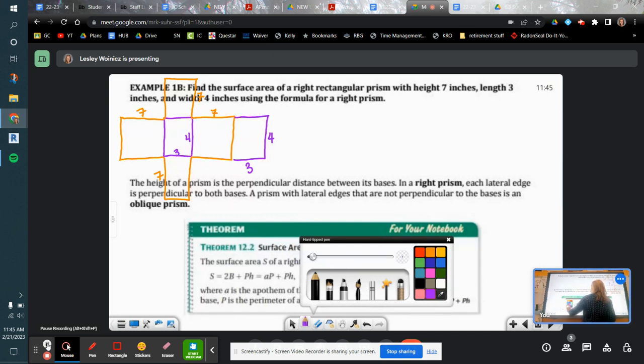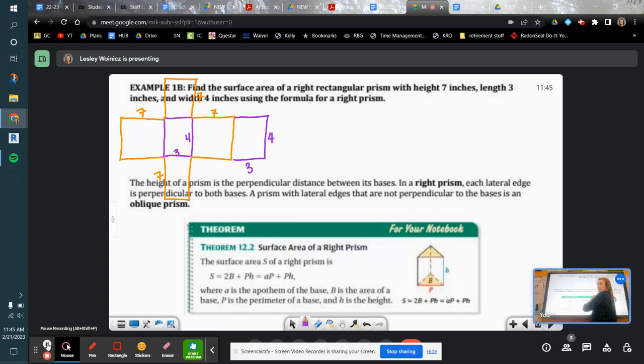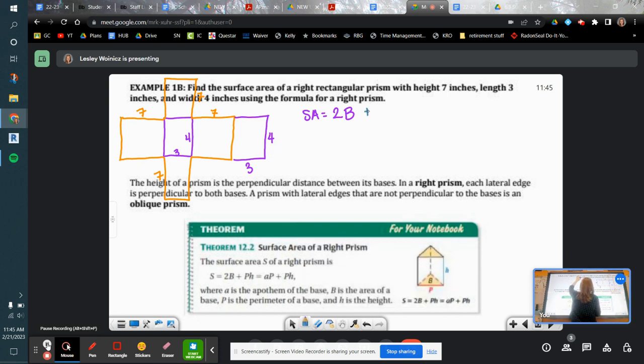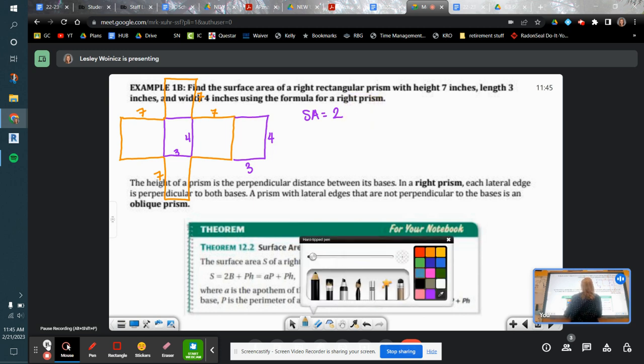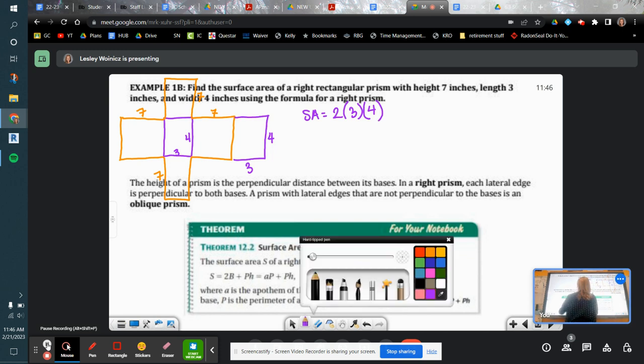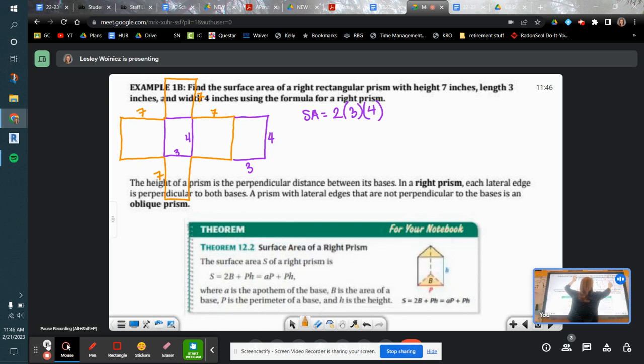So I've got 2 purple bases. Am I going too fast? No. Okay. It's just a lot. Surface area is 2 times my base area, capital B, plus, well, now we know we can just plug those in. So what is that, 3 by 4? Okay. Plus, there's a pair of 4 by 7 ones, right?